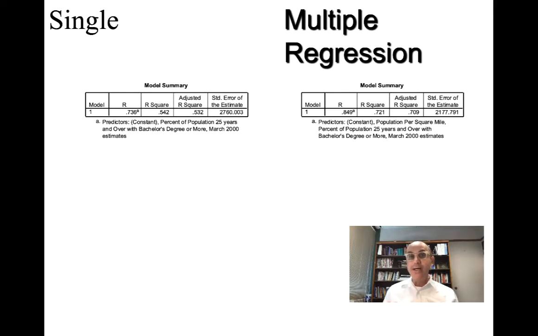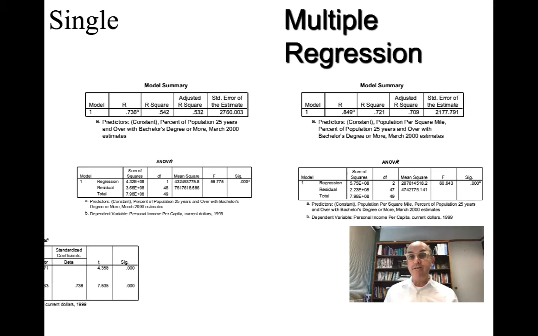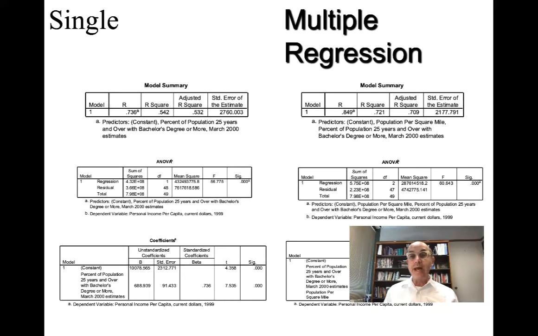So the issue is single regression or multiple regression. Those are two types of regression that we are trying to achieve in a model summary. In single regression and in multiple regression, we have the same attributes: the ANOVA and the coefficients.